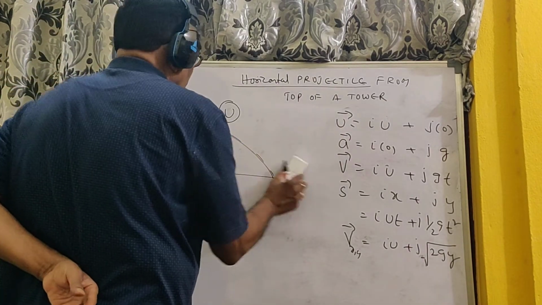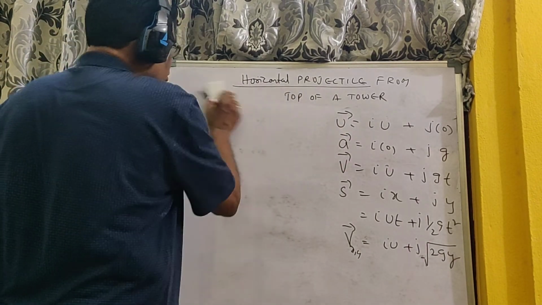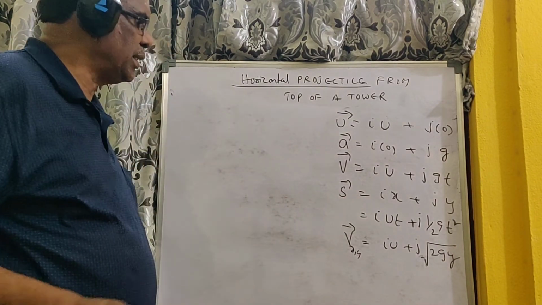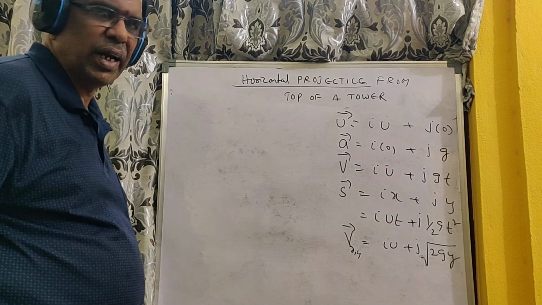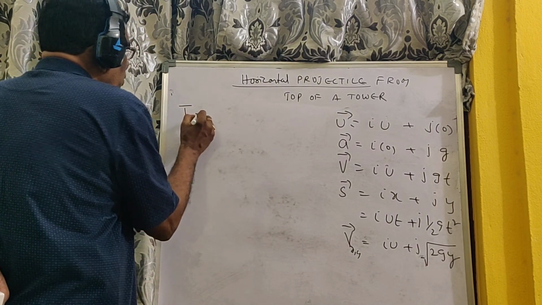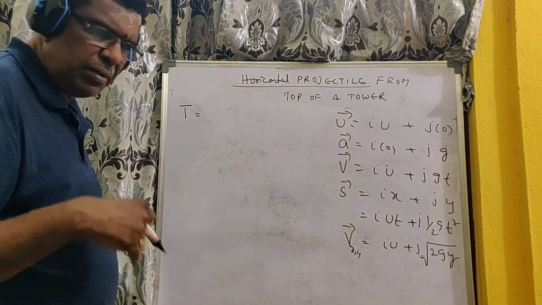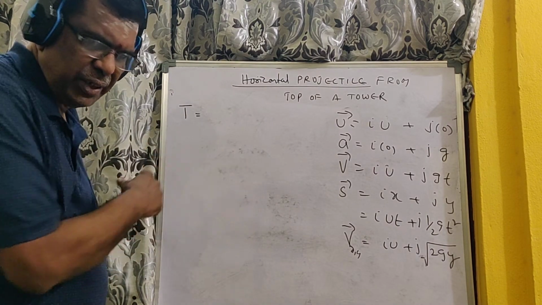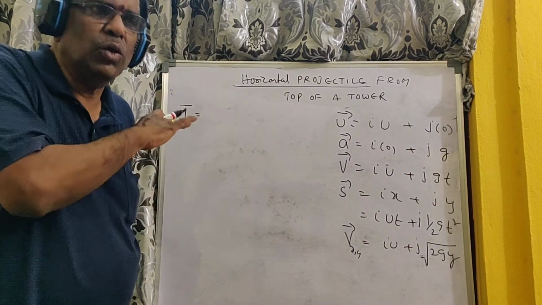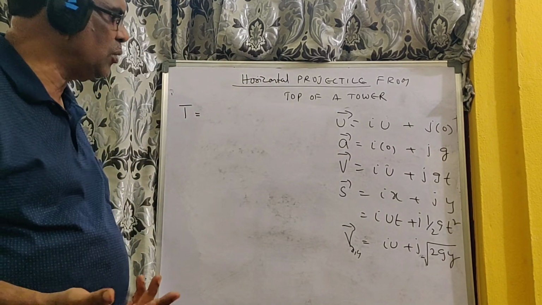Alright? Now, look at that. If I want to get what is the time of flight? What is the time of flight means? What do you do? Here, same tower, previous case, oblique, therefore theta. No, it is horizontal, therefore theta is 0.